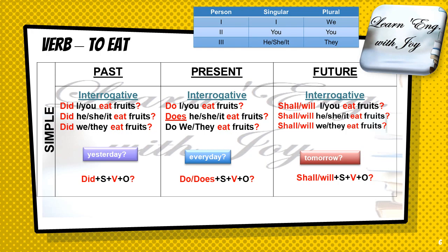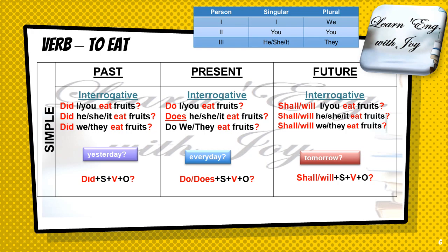Here, just before this sentence, you add the question words, which is, in this case, in the first line, do. Next we have does, and then again we have do. Again the change happens only in the third person singular, just like it happened in the affirmative sentences. So here the change is does.